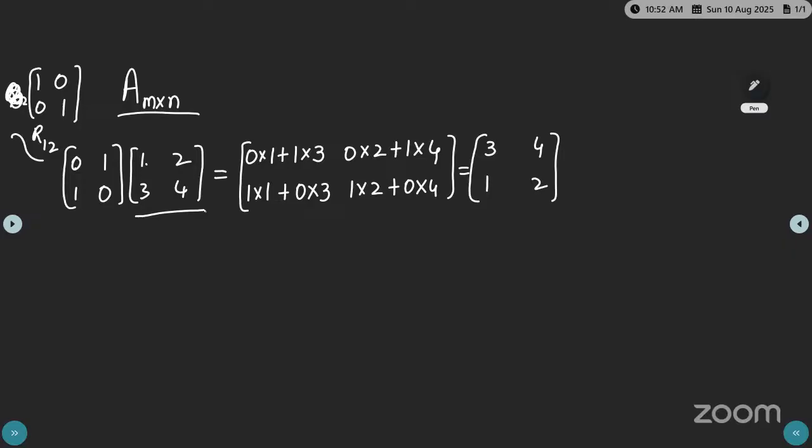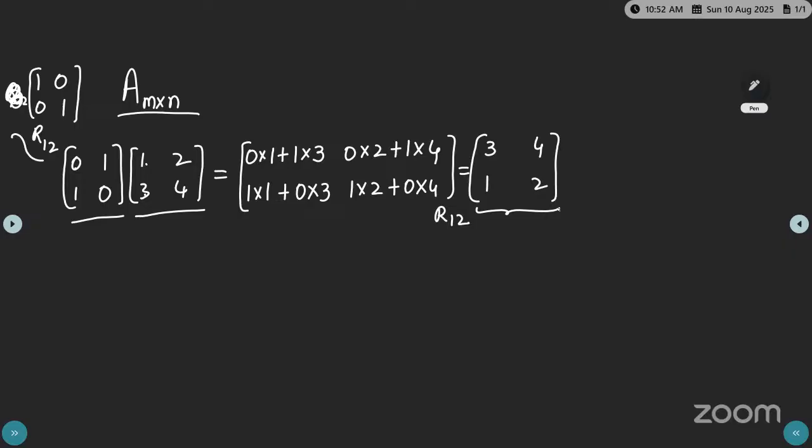No, no. Rows 3, 4 went up and 1, 2 came down. Is it the same or not? So what you can say? Pre-multiplication of an elementary matrix to the given matrix results in the corresponding row transformation in the given matrix.